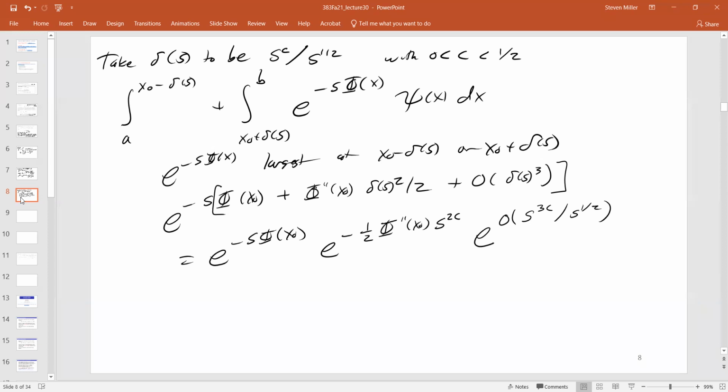So if I look at the second term, as s goes to infinity, what happens to this term? Goes to 0. Goes to 0 very rapidly as s goes to infinity. What about the next term?